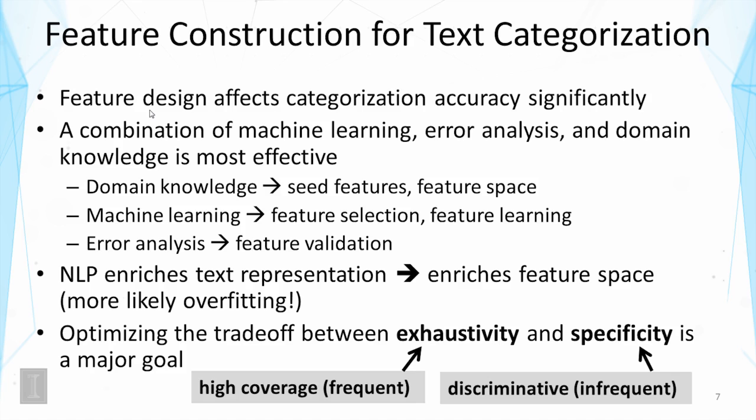Specificity requires the feature to be discriminative, so naturally infrequent features tend to be more discriminative. So this really causes a trade-off between frequent versus infrequent features. And that's why feature design is generally an art, and that's perhaps the most important part in applying machine learning to any problem, in particular in our case for text categorization, or more specifically sentiment classification.